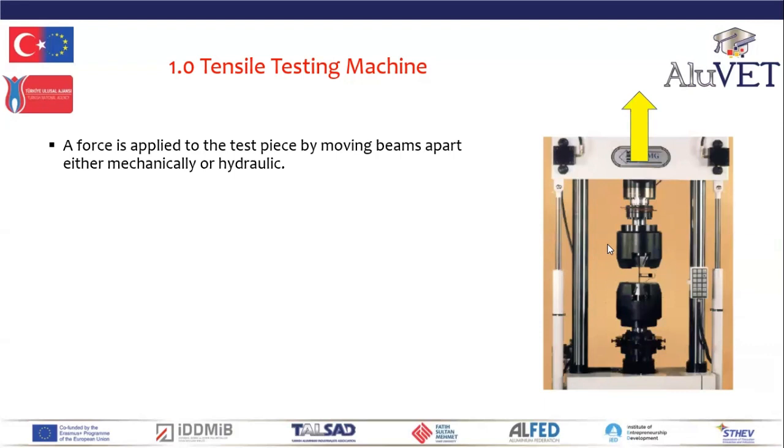The movement of the movable cross beam is measured electronically. So the machine applies a force to the test piece by moving the top cross beam upwards out of the way. So it is applying a load to the test piece by moving the cross beam.